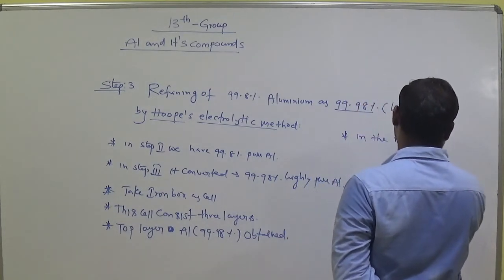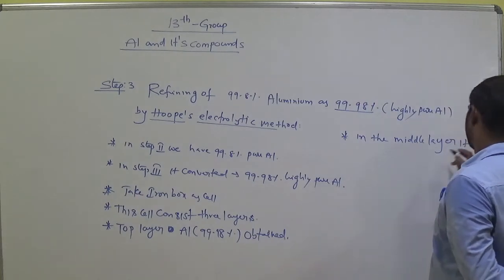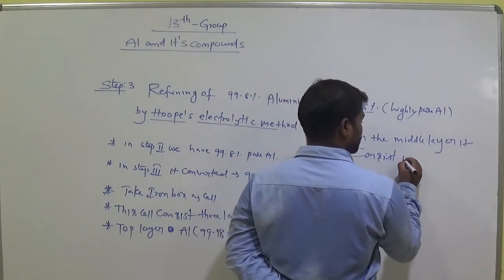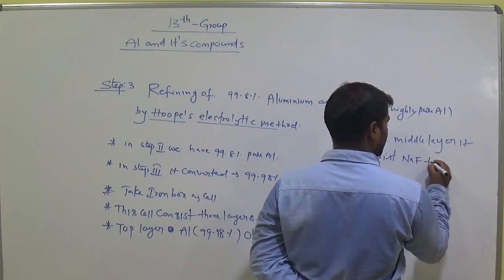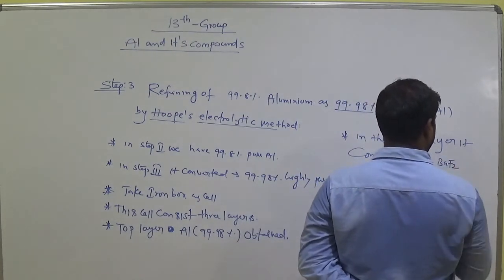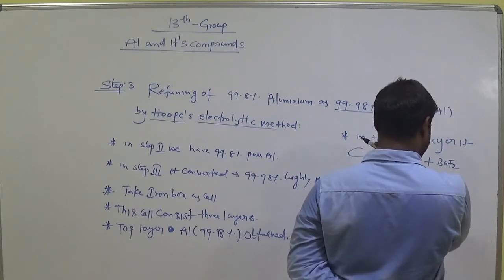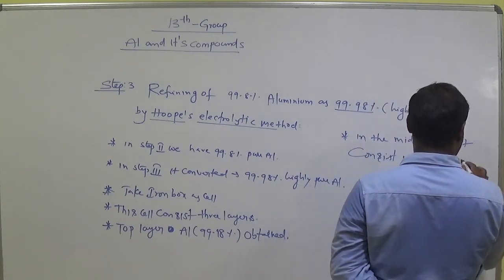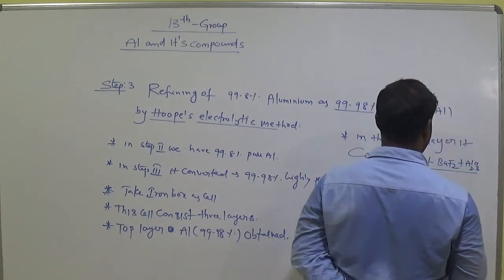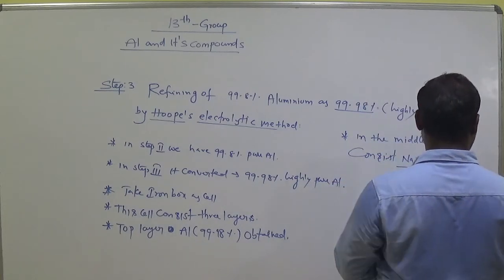In the middle layer it consists of sodium fluoride, barium fluoride, and aluminum fluoride, that is AlF3 here.